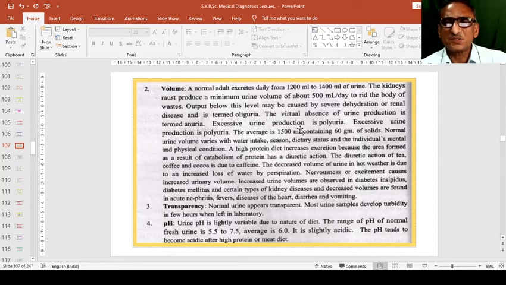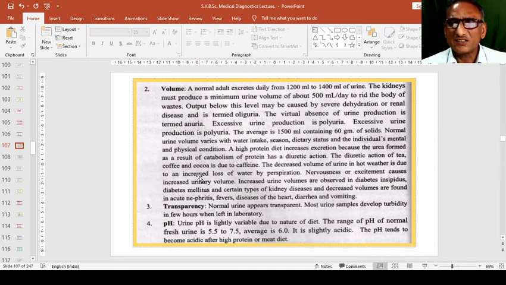So excessive urine production is polyuria, and dehydration or renal disease, appearing as output below the normal level, is called oliguria. So these are the abnormalities found in the patient if the urine is not properly secreted.